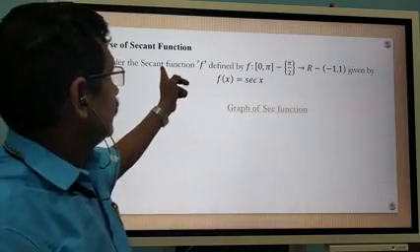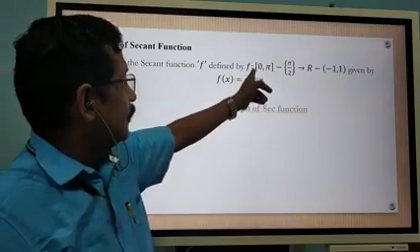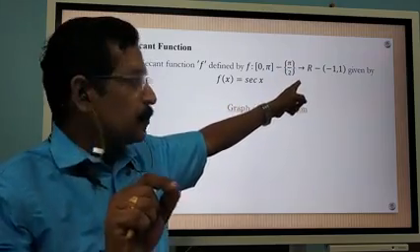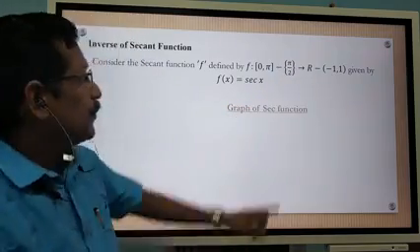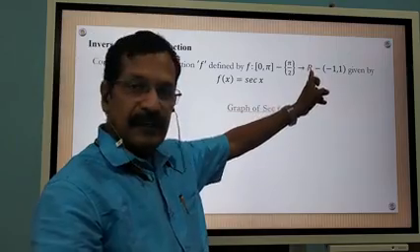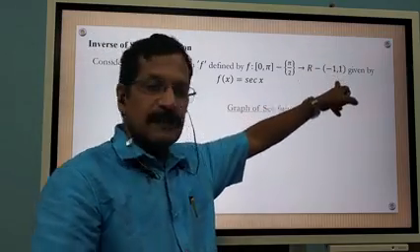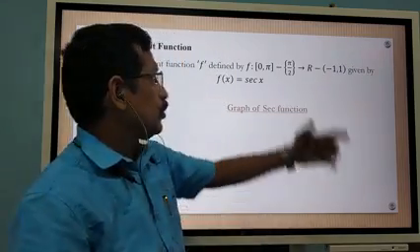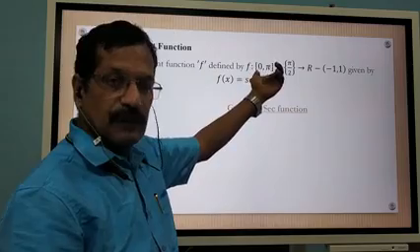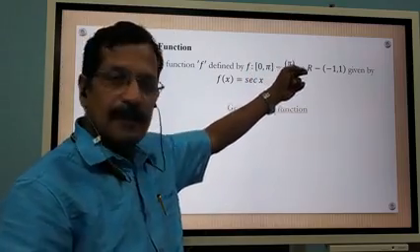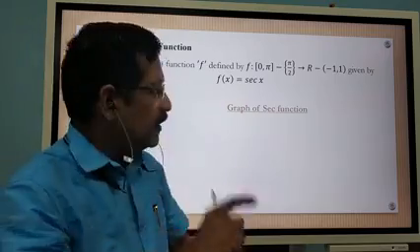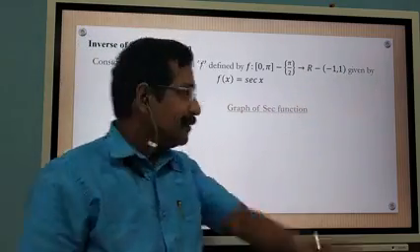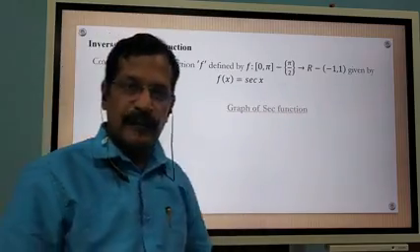That is why the function f is defined from the closed interval 0 to pi minus the singleton set pi by 2 to R, the set of all real numbers, from which the open interval minus 1, 1 is subtracted. So the domain is the closed interval 0 to pi minus pi by 2, and the range is R minus the open interval minus 1, 1, defined by f of x equal to sec x.